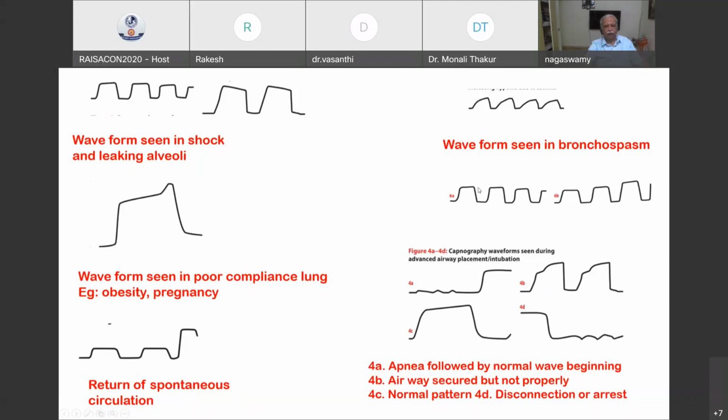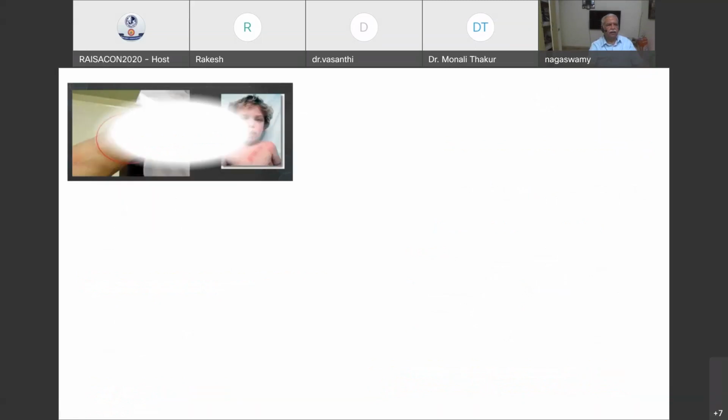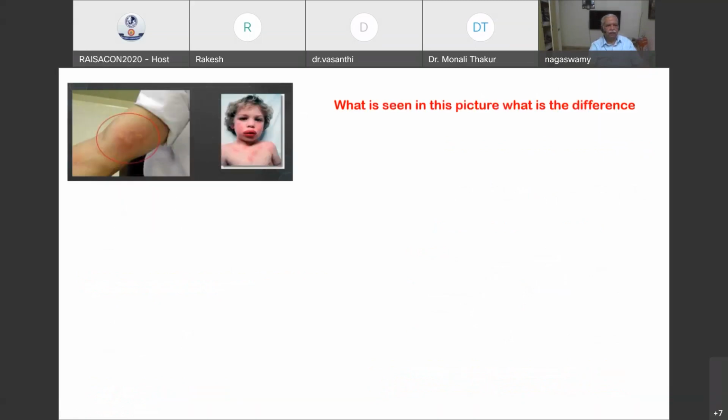See, ETCO2 first goes to 40, then becomes 35, then 34, then 30. That is hyperventilation, whereas when it starts increasing, it is hypoventilation. So hypo and hyperventilations. Right. What is seen in this picture and what is the difference?